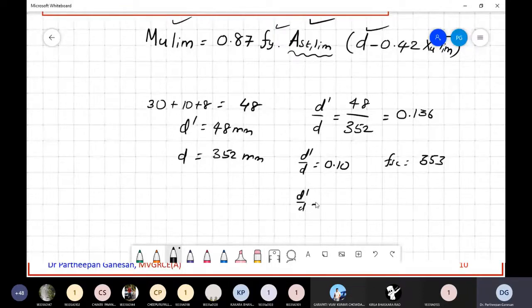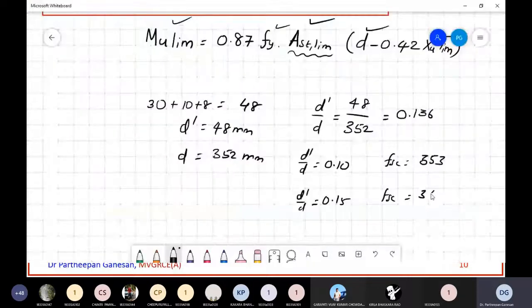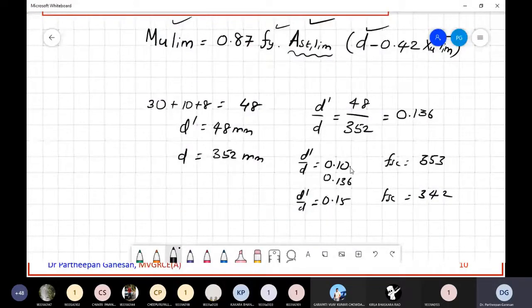For d dash by d 0.15, FSC is 342. You need the value for 0.136. It is in between these two values. It should be less than 353, more than 342.